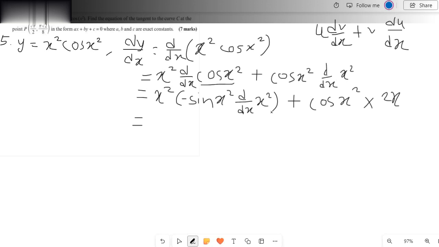So here we have 2x here as well. So finally, we can write that being minus 2x cubed, as x squared multiplied with x is x cubed, multiplied with sine x squared plus 2x cos x squared.